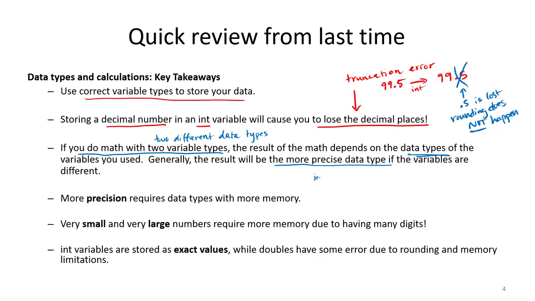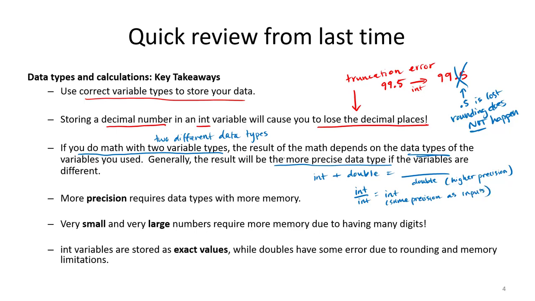For example, if we add an int variable plus a double variable, the result will be a double type, because a double type is the higher precision. But similarly, if we were to divide an int by an int, that will give us an int type result, because it will have the same precision as the inputs.